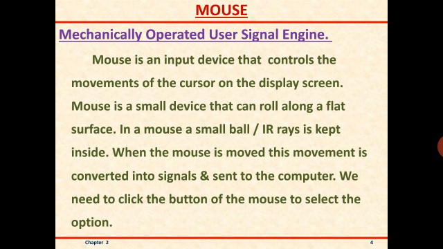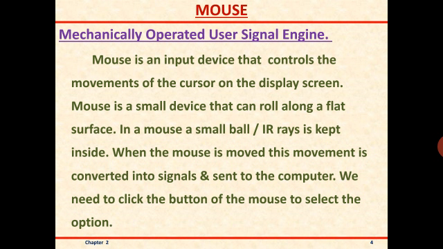So when the mouse moves from one position to another position, this movement will be converted into signals and these are sent to the computer, because mouse is connected through the wire. Usually this mouse, you can see here, consists of either 2 to 3 buttons.